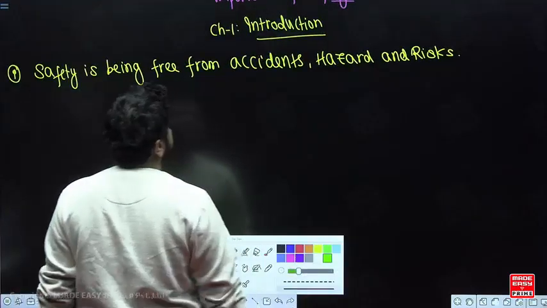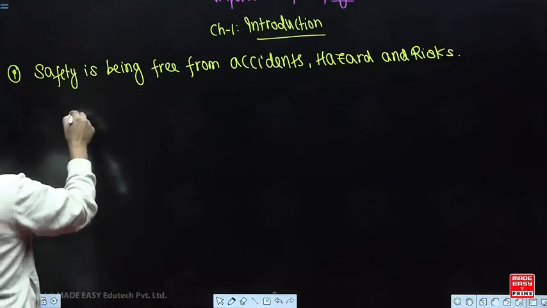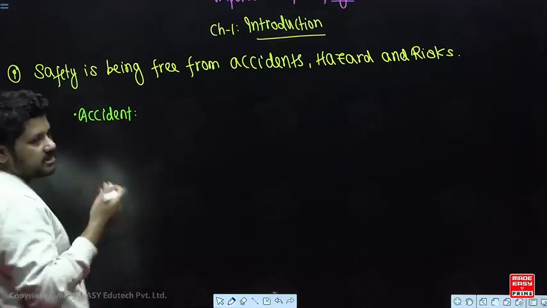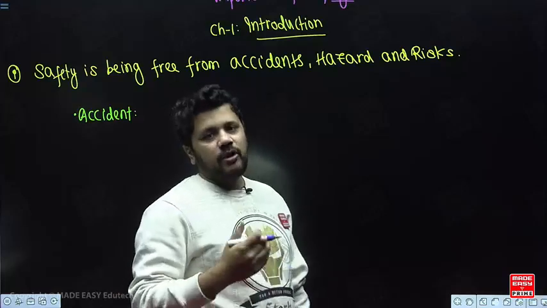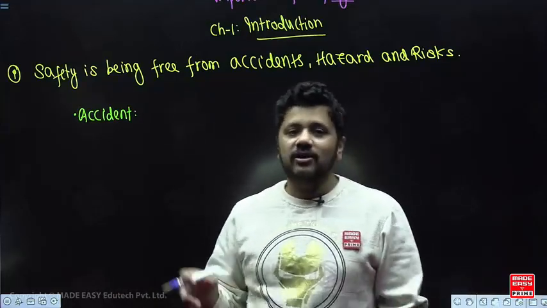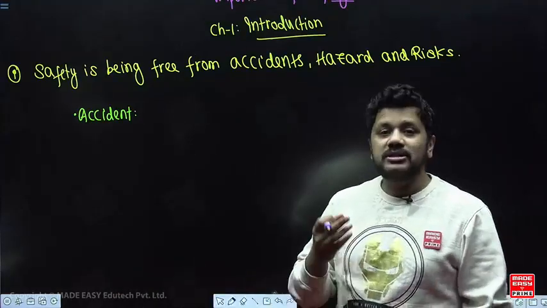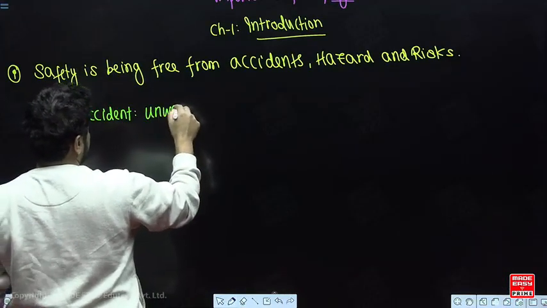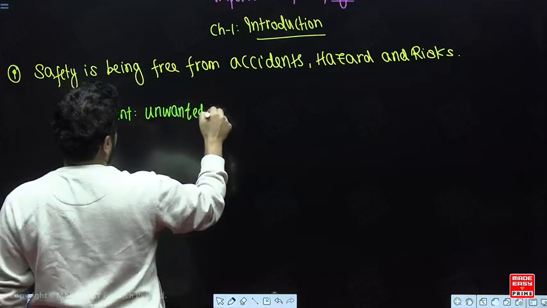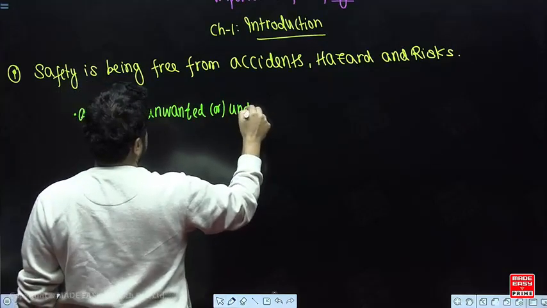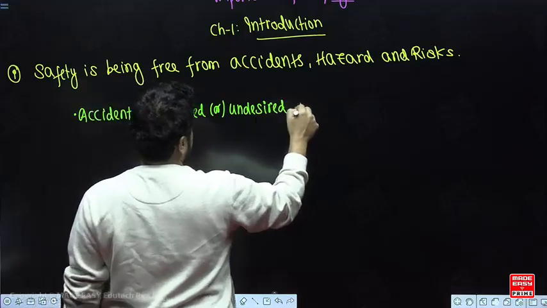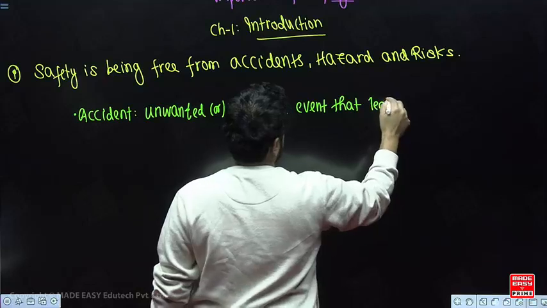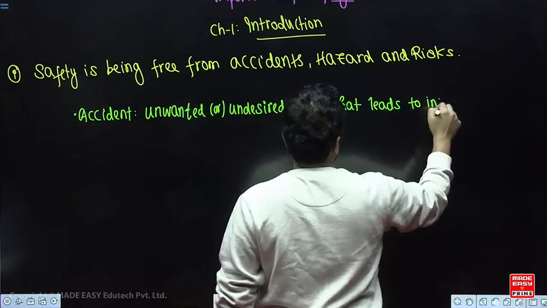Now what is the meaning of this accident? So what is accident? किसको बोलते हैं accident? है ना? So safety means you have to safeguard yourself from any kind of accident, any kind of hazard or any kind of risk. Now the question arises, what is the accident? Accident is your unwanted or undesired event that leads to injury, है ना?